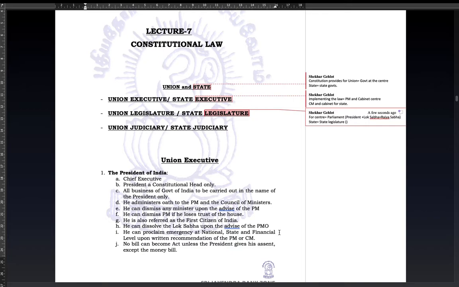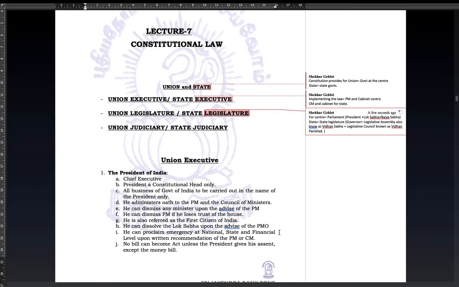Similarly, here it has the governor plus the legislative assembly, also known as Vidhan Sabha, and in some states we have a legislative council as well, known as Vidhan Parishad.